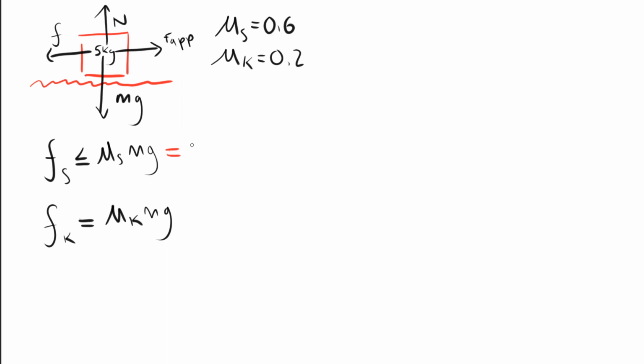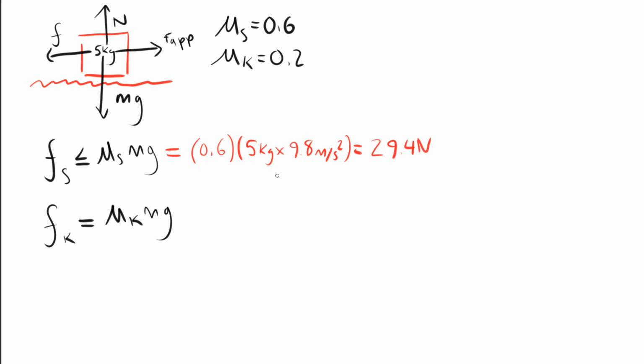Mu sub S is 0.6 times 5 kilograms times 9.8 meters per second squared. If I do that math, that becomes 29.4 newtons.